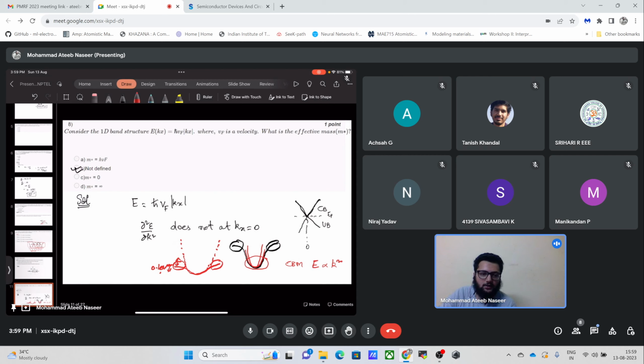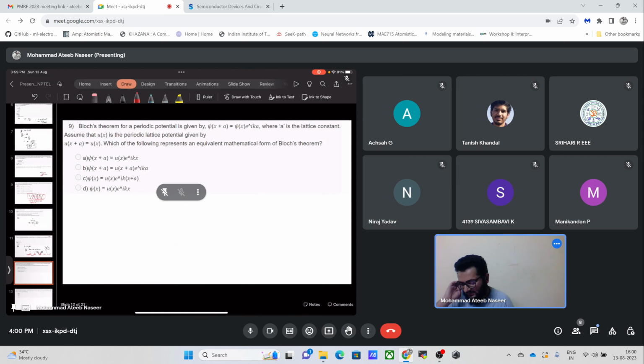Otherwise it has nothing to do with the failure of the physics. The physics stands there. If we have to calculate its characteristics, we will be able to calculate its characteristics. There is nothing like, if I'm not having this effective mass, I will not be able to calculate the material's properties.